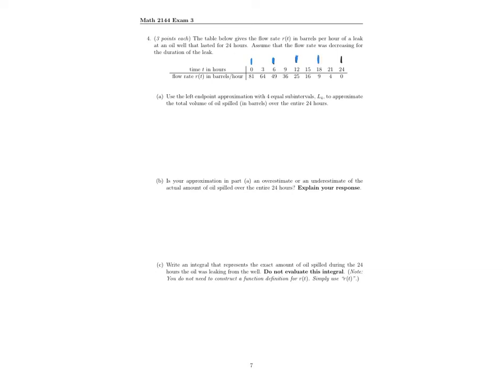So the first interval, I'm using the rate of 81 over the time interval, which is a 6-hour time period. And then for the next 6-hour time period, I'm going to use this reading here, 49. Then I'm using this measurement of 25 for the next 6-hour time interval.